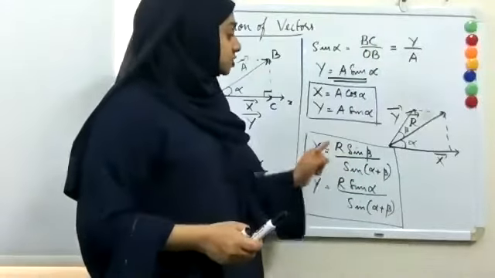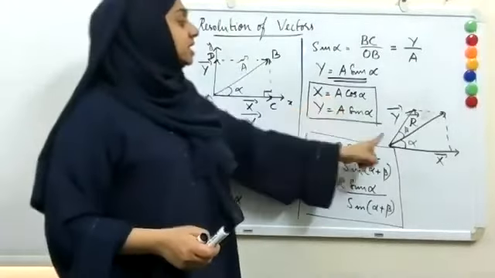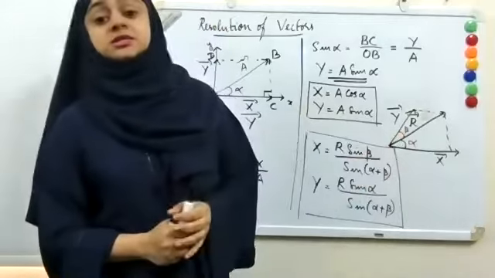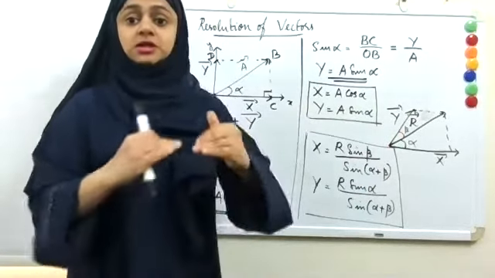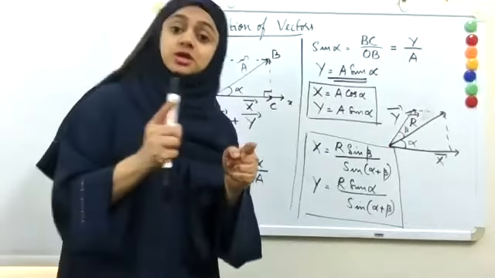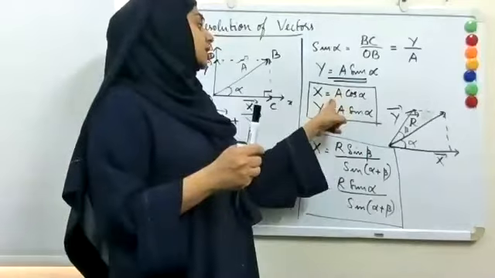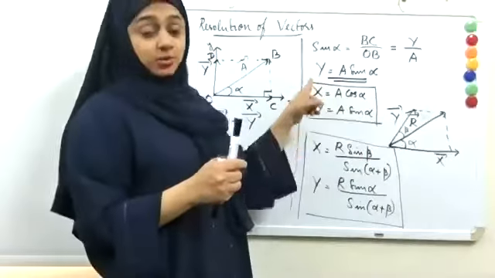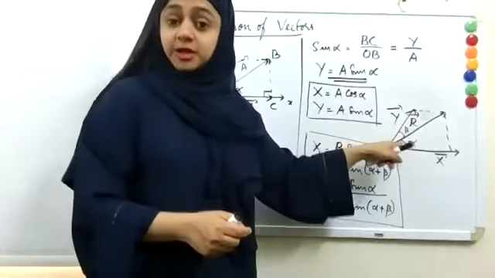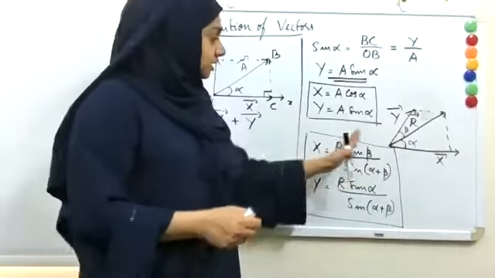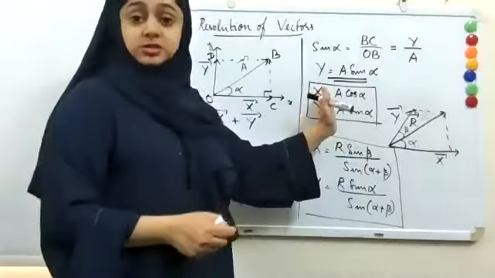And let me show you how these will turn into the perpendicular equations if alpha plus beta is 90 degrees. Alpha plus beta is 90 degrees means the angle between the two components is 90 degrees. Then these equations will become this. Let us see how. So if these two are perpendicular to each other, these equations should come out as this, right?